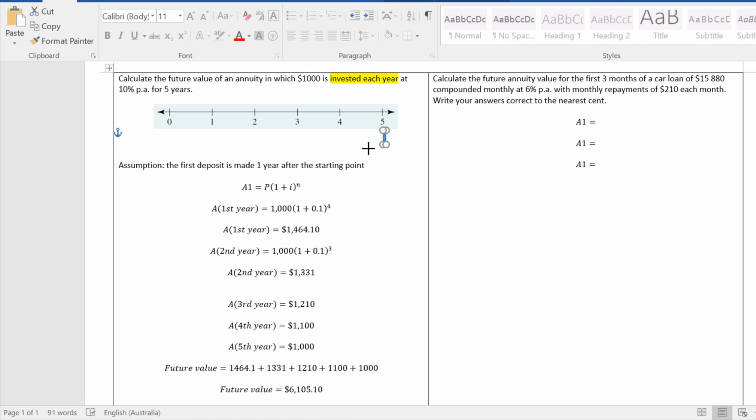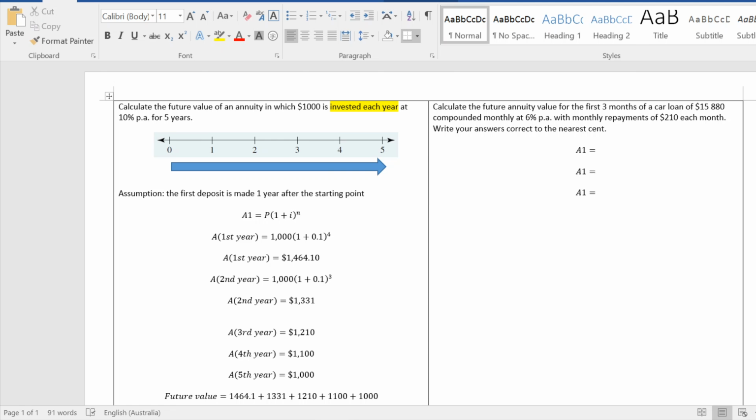Okay, I'll just reset this. So here we've got calculate the future value, annuity value, for the first 3 months of a car loan of $15,880, compounded monthly at 6% per annum with monthly repayments of $210 each month. Write your answers correct to the nearest cent.